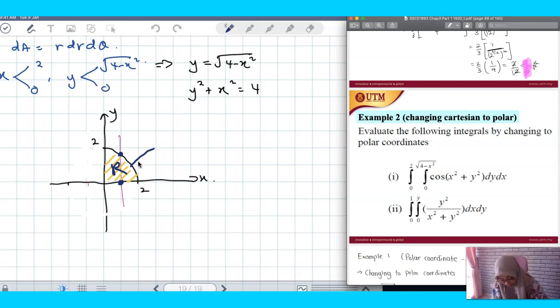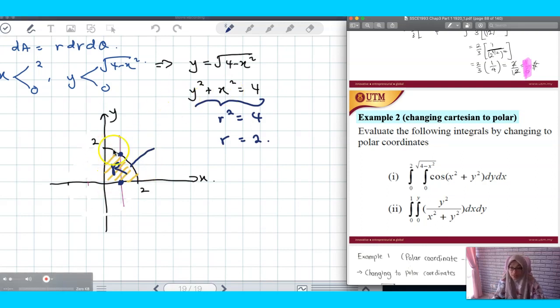The r equation comes from the equation in Cartesian. If we convert into polar, we have r squared equal to 4, and so we get r equal to 2. Remember, the radius r is always positive. So here r is 2, a circle centered at the origin with radius 2, as we can see here.